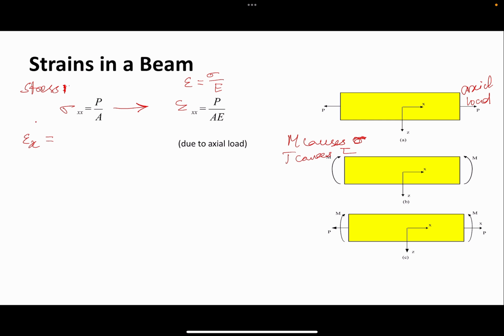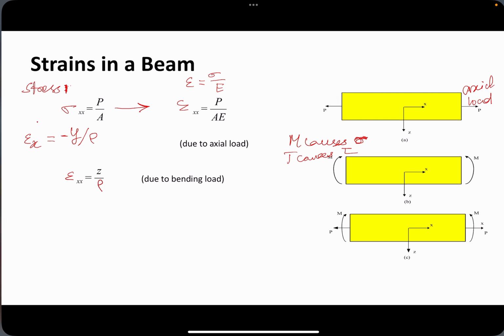So here, because we're talking about bending moment, normal strain is actually equal to minus y by rho. Here, because the vertical axis is z, your epsilon xx is actually z by rho due to bending, and the minus has gone away because your positive z is downward.